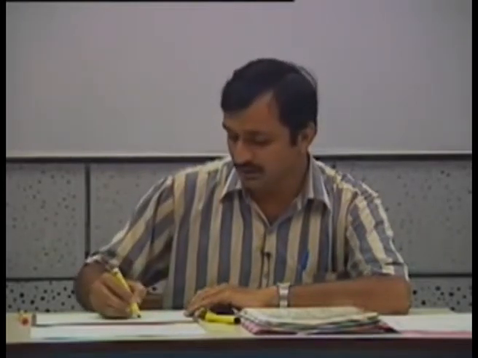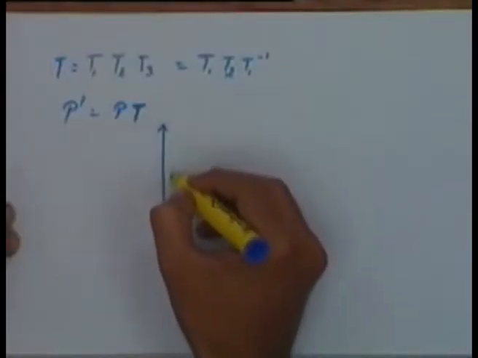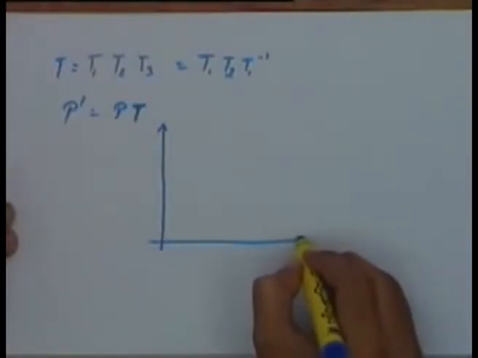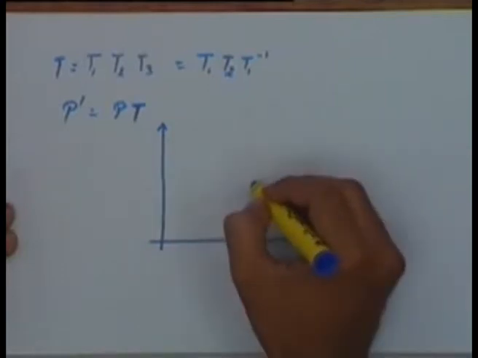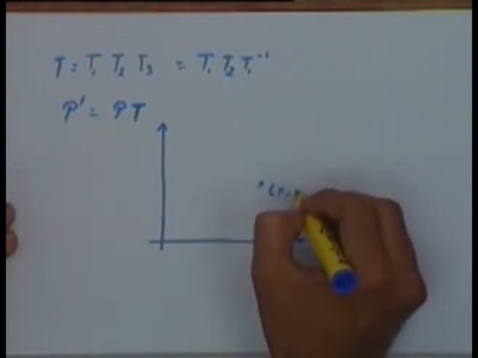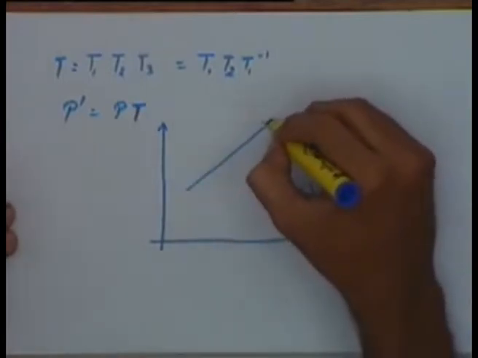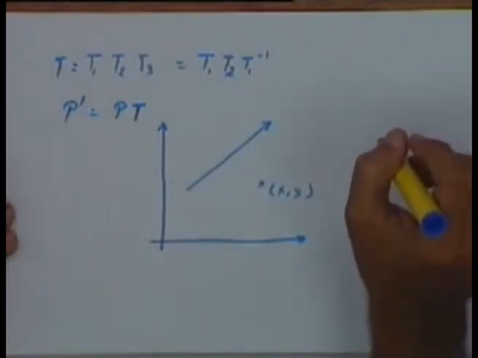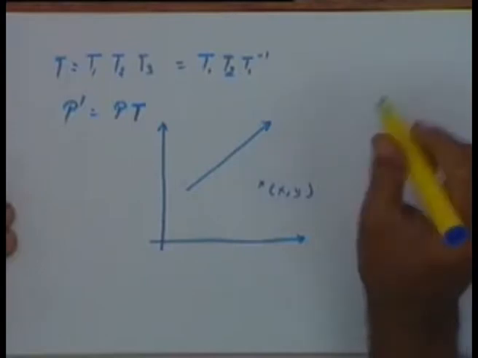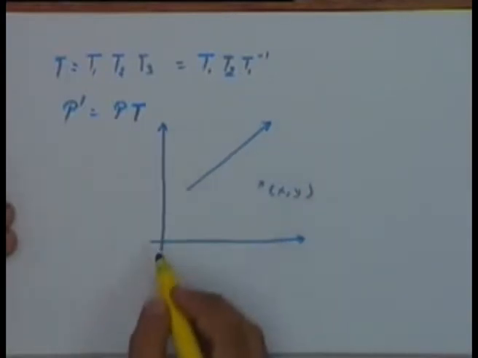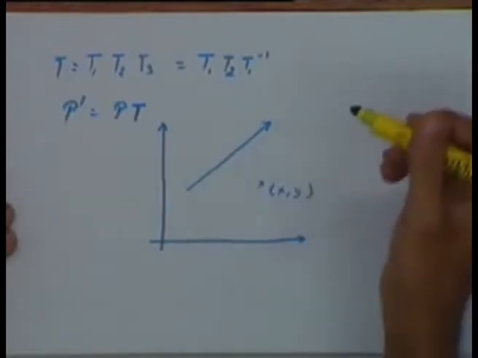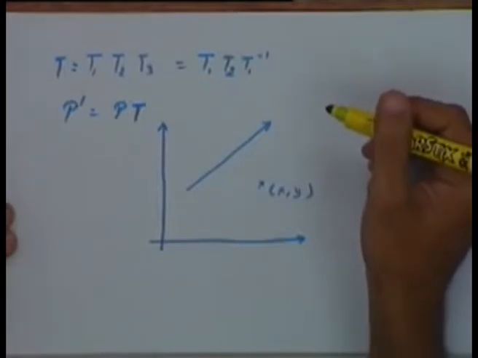Similarly, we have an arbitrary point xy, and we want to reflect it about an inclined axis. How do we reflect a point about the x or the y axis? We use the scaling operations.